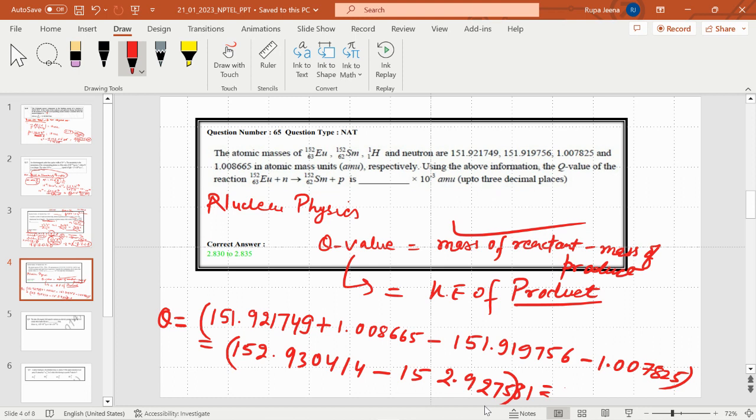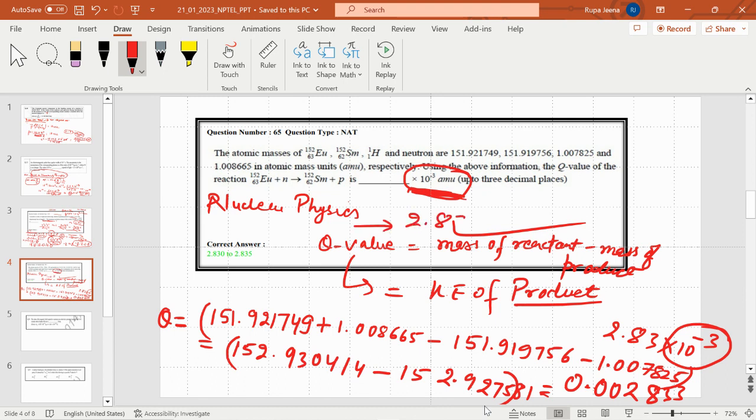Yes, it is 0.00283. So it will be 2.83 into 10 raised to the power minus 3. So 10 raised to the power minus 3 is given here, na? So you have to do it in terms of 10 raised to the power minus 3. So the answer is 2.830. Got it, everyone?